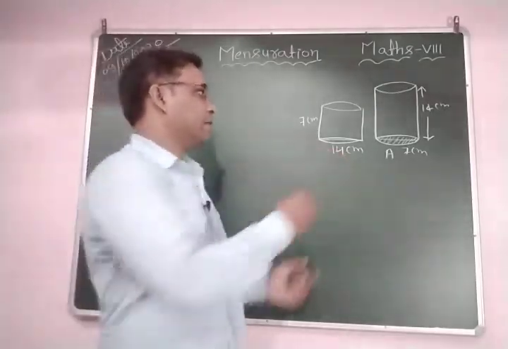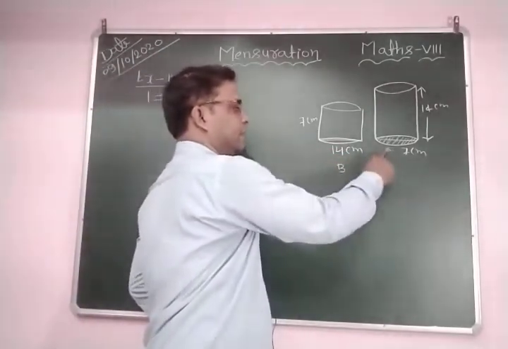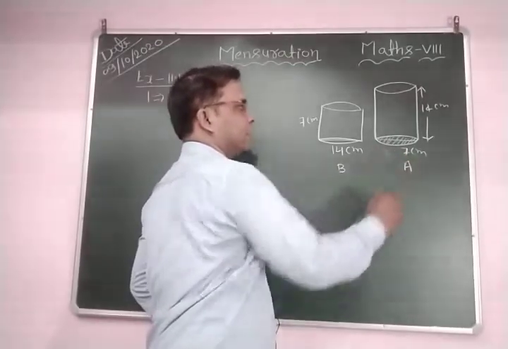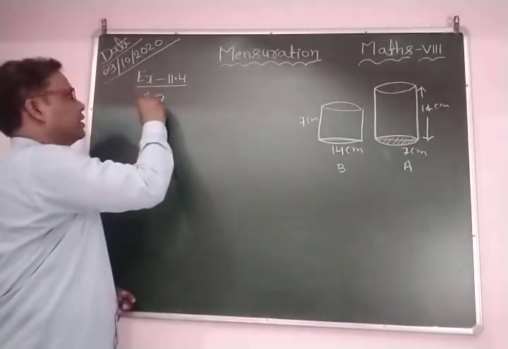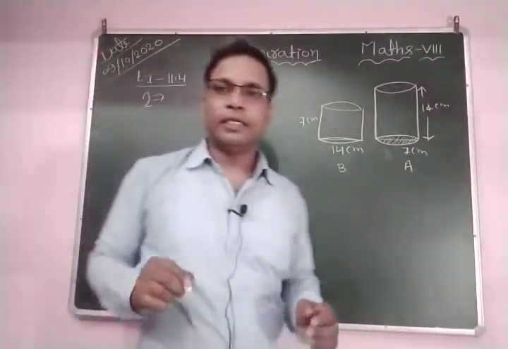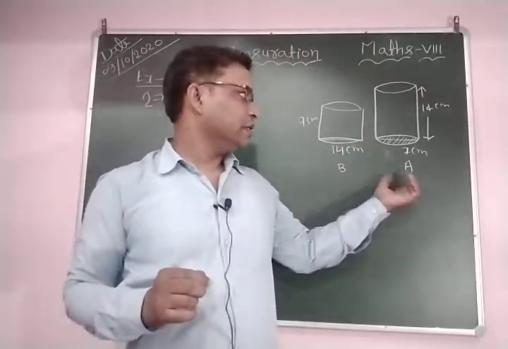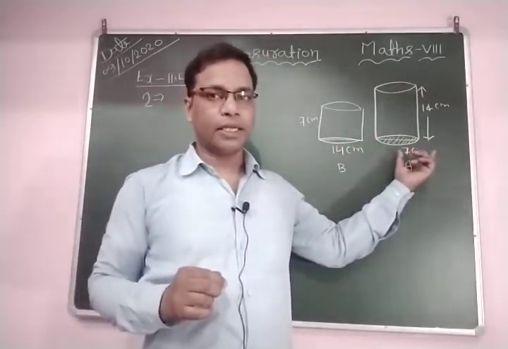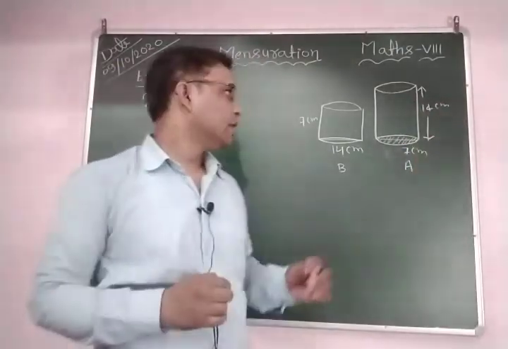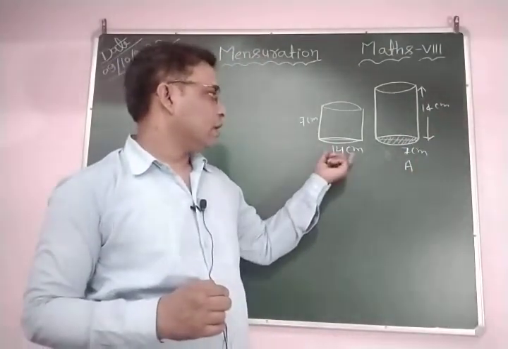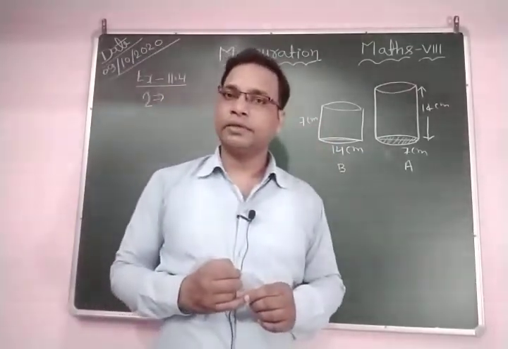This is cylinder B, and this is cylinder A. In this question, two cylinders are given, cylinder A and cylinder B. The diameter of cylinder A is 7 centimeters and the height is 14 centimeters. For cylinder B, the diameter is 14 centimeters and the height is 7 centimeters.